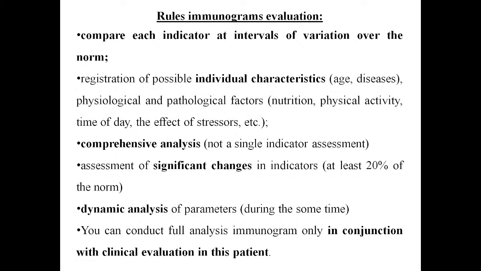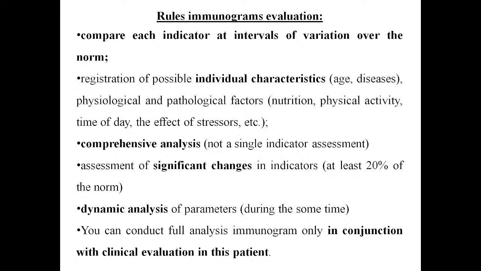Also physiological and pathological factors: nutrition, physical activity, time of day, effect of stressors, all factors that influence immune status. Another rule is comprehensive analysis. It means that we don't talk about one single indicator. We should make a conclusion when we can see decreasing or increasing of some indicators.